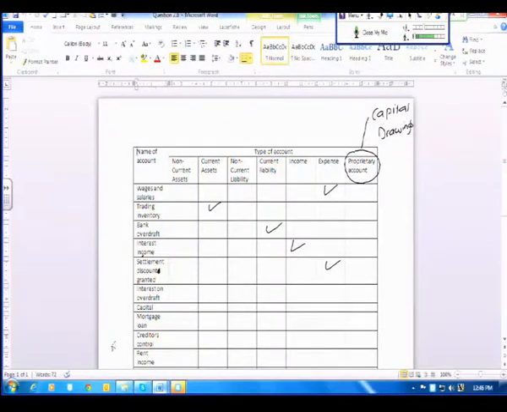So if you're owing an overdraft, the bank will charge you interest on the bank overdraft. This becomes an expense as well that you have to incur, so it will come under your expenses.